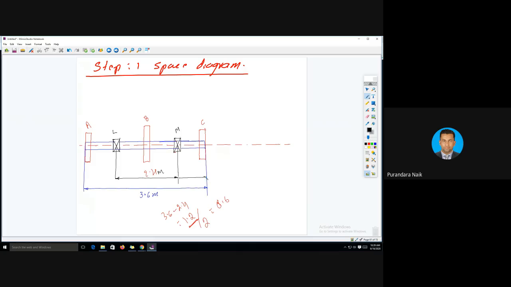Here it is 0.6 meter. On the other side also it is 0.6 meter. Total will be 3.6. You just check it. 0.6 plus 0.6 is 1.2, 1.2 plus 2.4, so 3.6. The total will be 3.6.